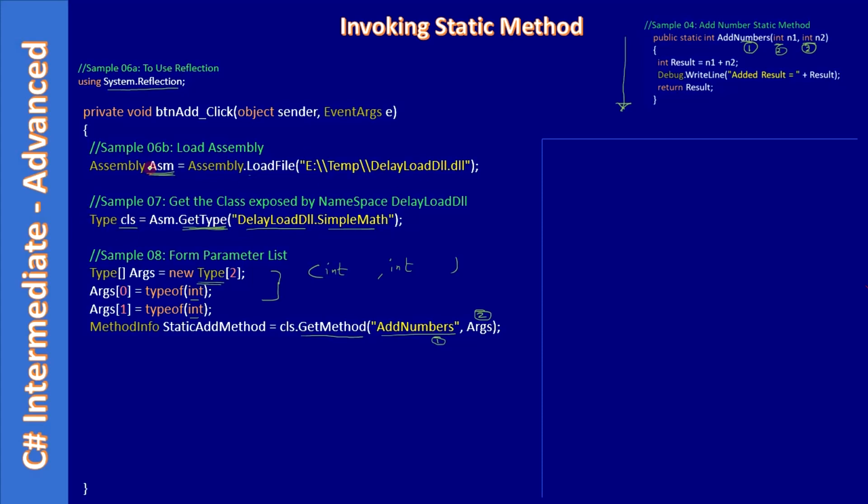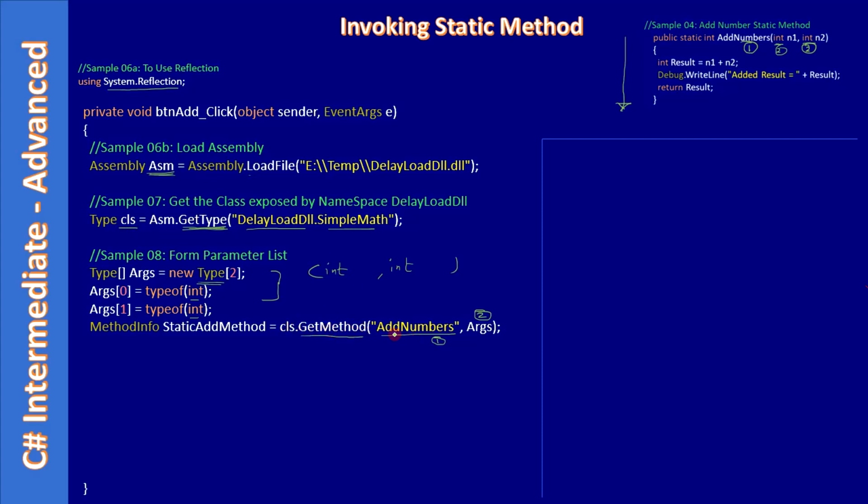So DLL loaded into assembly. We have the assembly. From assembly, we are getting the type, because a DLL can expose multiple classes, right? So from the DLL, we specified what class we want to use. So using get type, we retrieved the class type. We have the class. From class, we are using the get method.